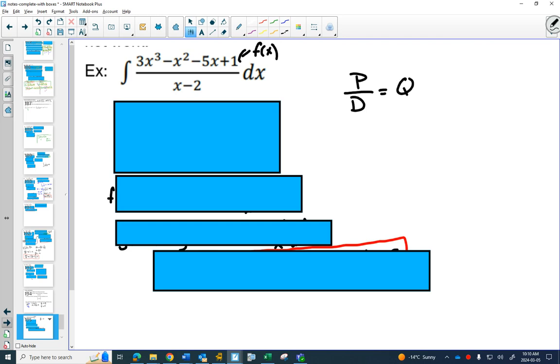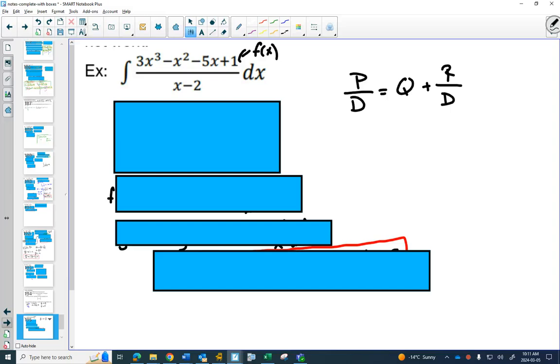I could see what answer I get, plus my remainder would still need to be divided by whatever I'm dividing by, which in this case is x minus 2. If that remainder is just a nice number, maybe you can see already that if you had a 3 over x minus 2, that works out nicely with the natural logarithm, because the integral of 1 over x is the natural log of x.